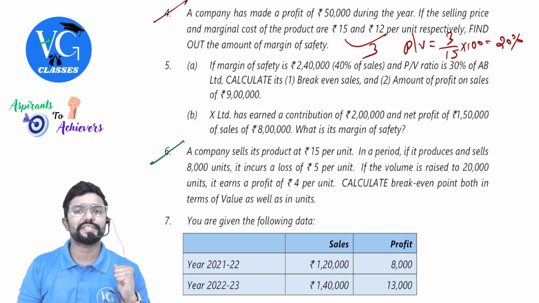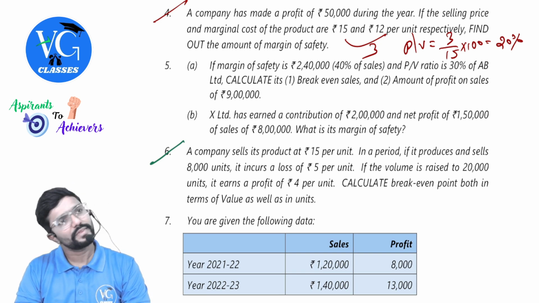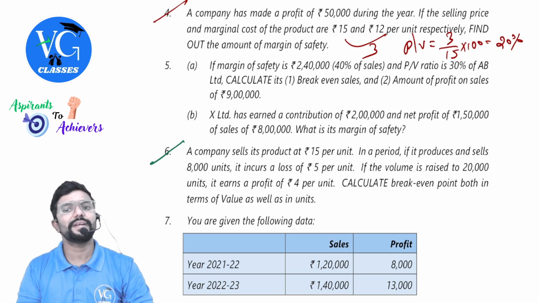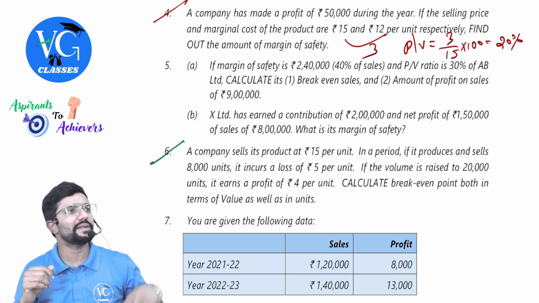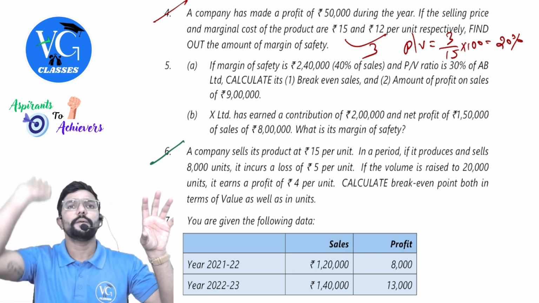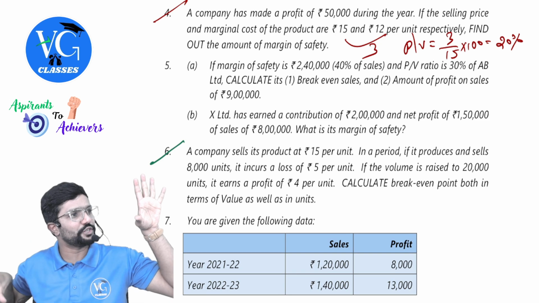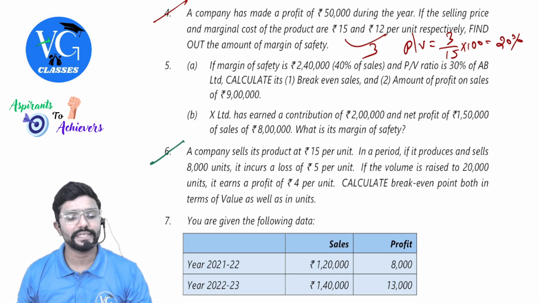PV ratio is 30%, guys. So 6 lakh into 30%. What do you get? Contribution minus fixed cost. Do we know the fixed cost? No. But can we calculate? Yes. Break-even sales we will know. Apply the break-even sales formula. Break-even sales is equal to fixed cost divided by PV ratio. We know break-even sales. We know PV ratio. Calculate fixed cost, guys.